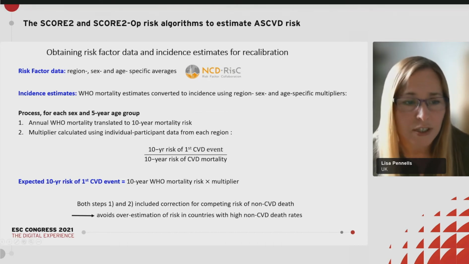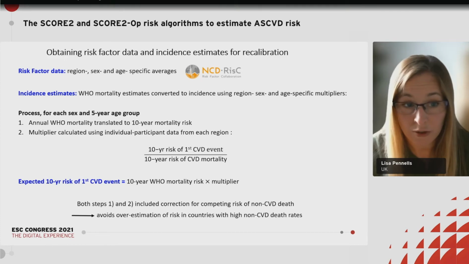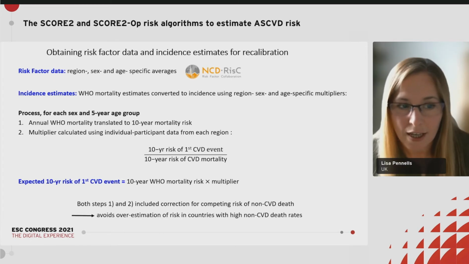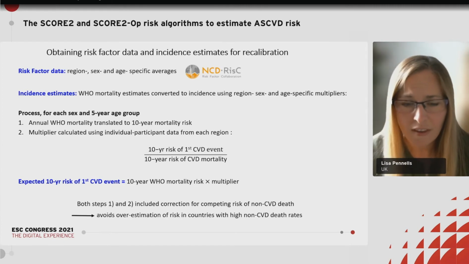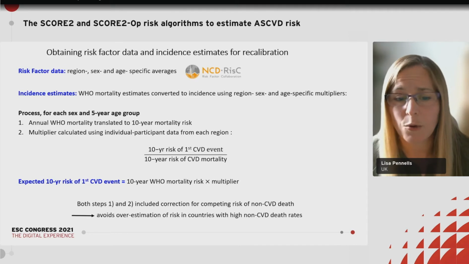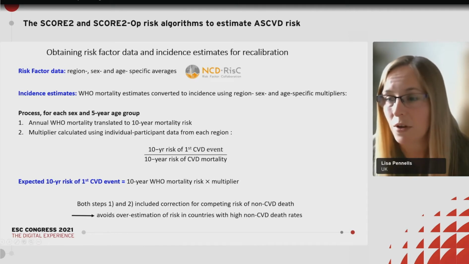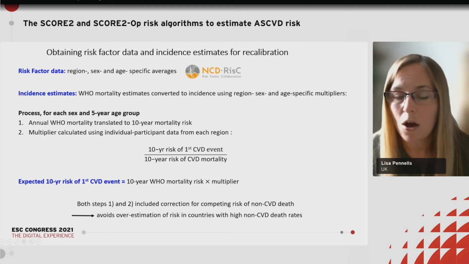And this is a two-step process where we take that annual CVD WHO mortality and translate that to get a 10-year mortality risk. And then we calculate our multiplier using individual participant data, this time from each of our target regions. And this is calculated as the ratio of the 10-year risk of a first CVD event in participants with no prior disease to the 10-year risk of a CVD mortality event in the whole population.